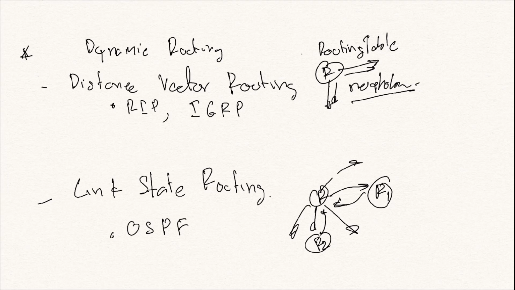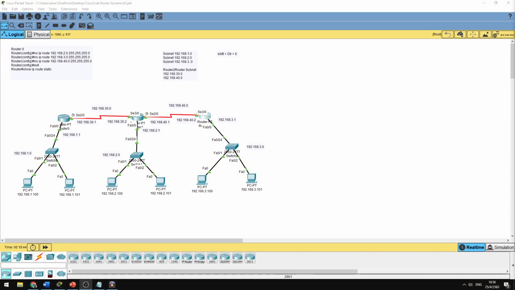So I'm going to go back to the simulation here, and I'm going to keep my iPad away so I can teach you how to program the router. So we come back here.